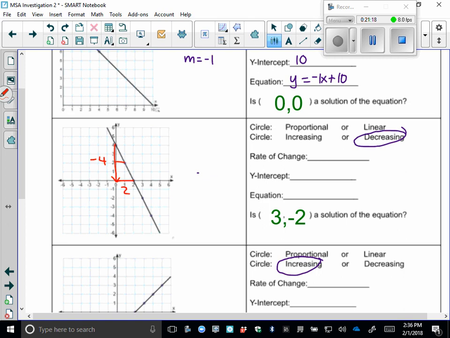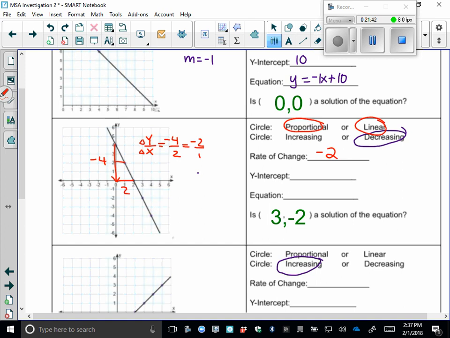So either way, the change in y over the change in x is down 4 over 2 or down 2 over 1, so it's negative 2. It's decreasing, and somebody asked about proportionality. Is it or not? No, because it doesn't start at 0, 0, but it is linear.